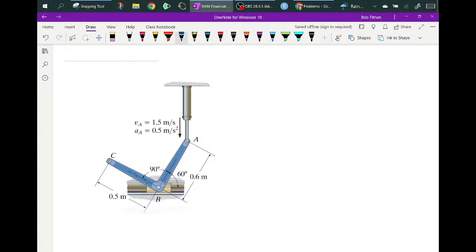Because if you write the equations, let's focus on A, then B, then C. What is interesting here is the velocity of B is equal to the velocity of B relative to A plus the velocity of A, right?